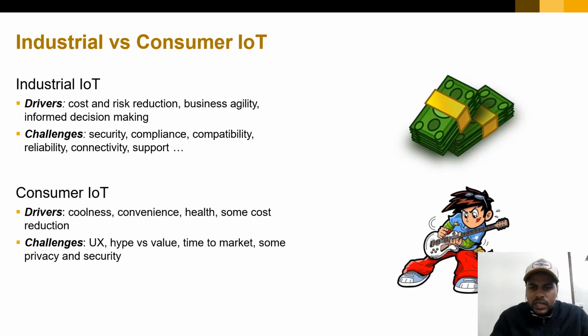There are also some challenges which occur in industrial IoT, like security. One of the major challenges is security. Security is a major concern in IoT because the devices are connected and are more prone to different types of attacks and data loss.